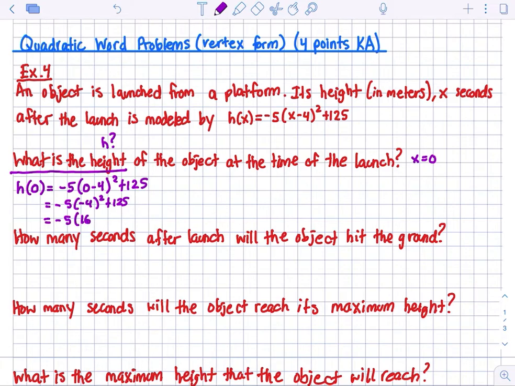So -5 times 16 is -80, plus 125, and that's equal to 45. 45 meters. So at time 0, the object is already 45 meters above the ground.